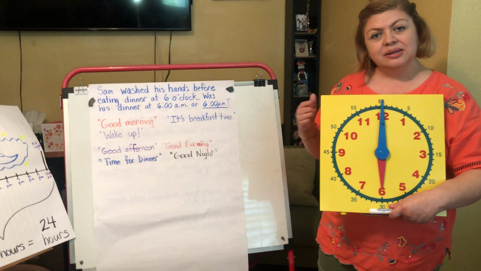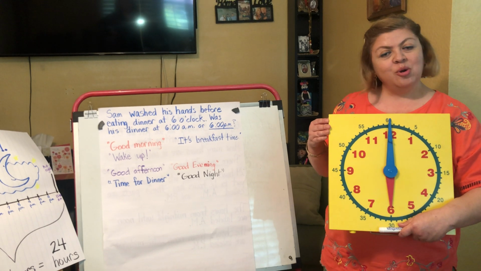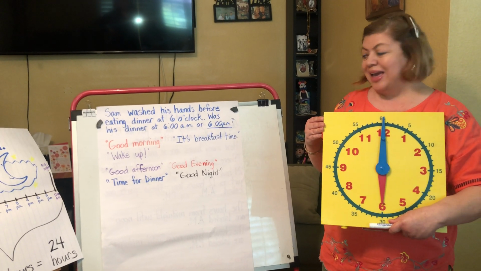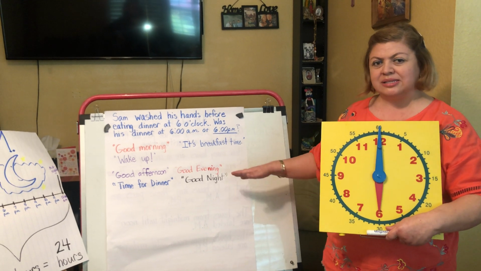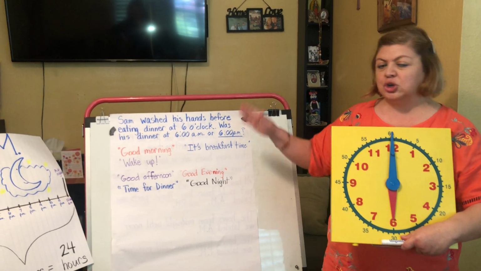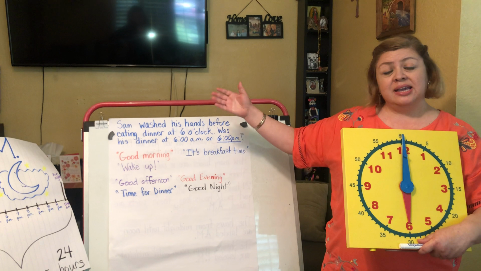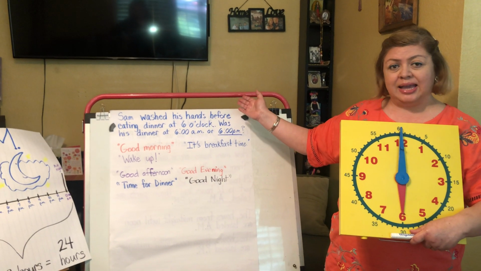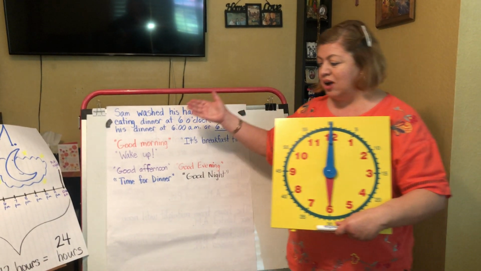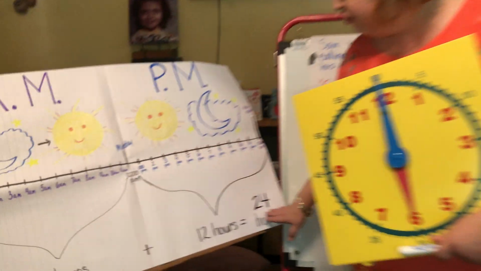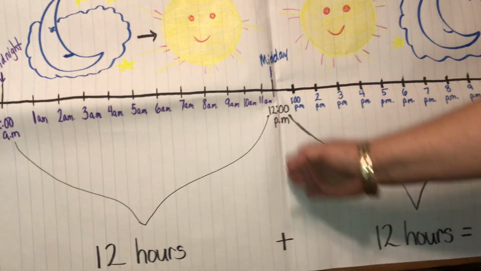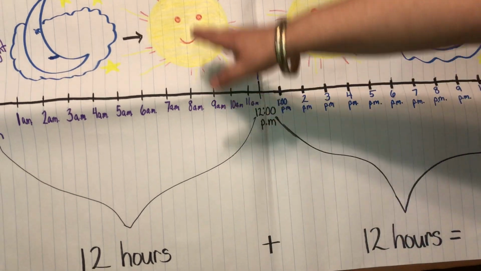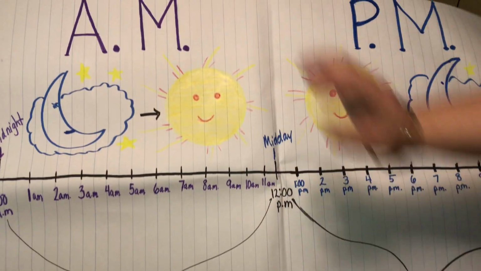Good night. AM or PM? If you said PM, you are a rock star. You got this. Good night would be said during the PM when our day is coming close to an end. So once again, our day has 24 hours. The first part of the day has 12 hours and it is our AM.